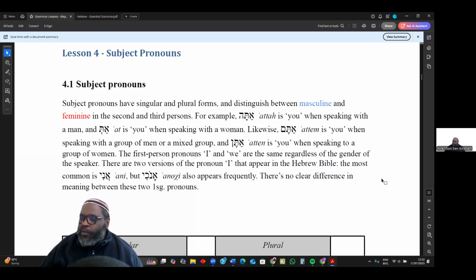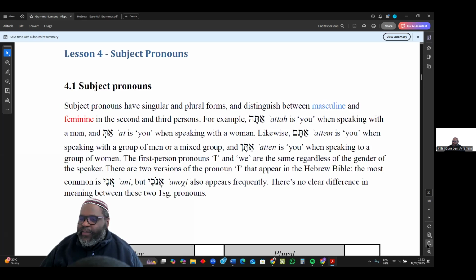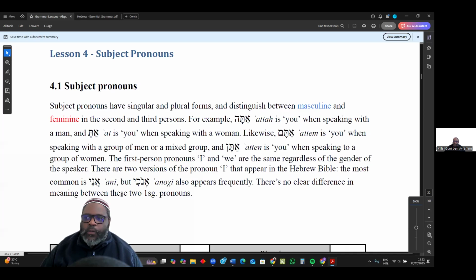What I have discovered is that in modern Hebrew, people are going to laugh at you when you say aniki. They're not going to laugh at you because they're stupid, but because it's so uncommon in modern Hebrew to say aniki. The common one is ani.